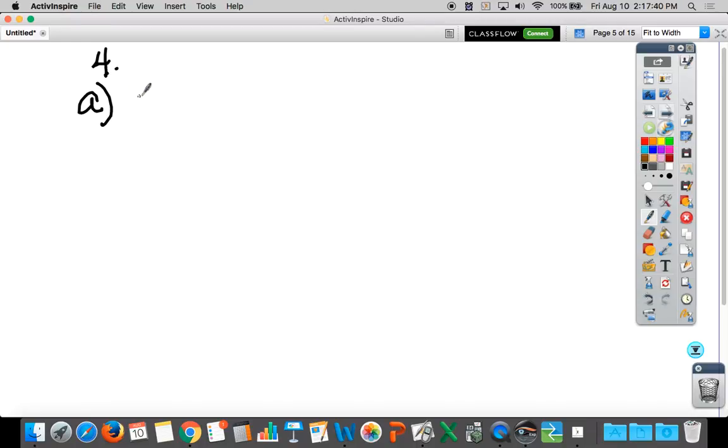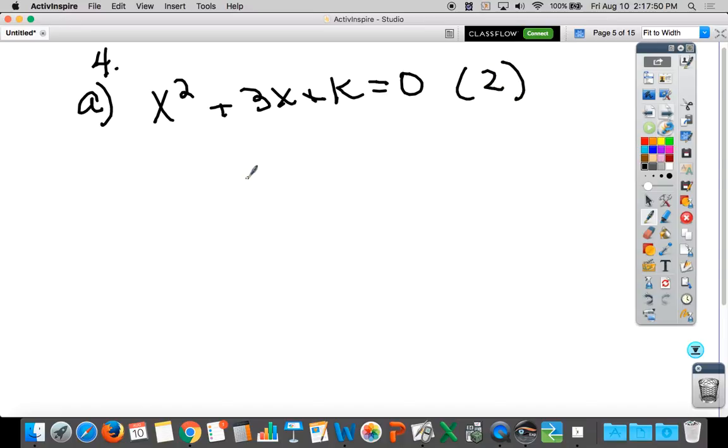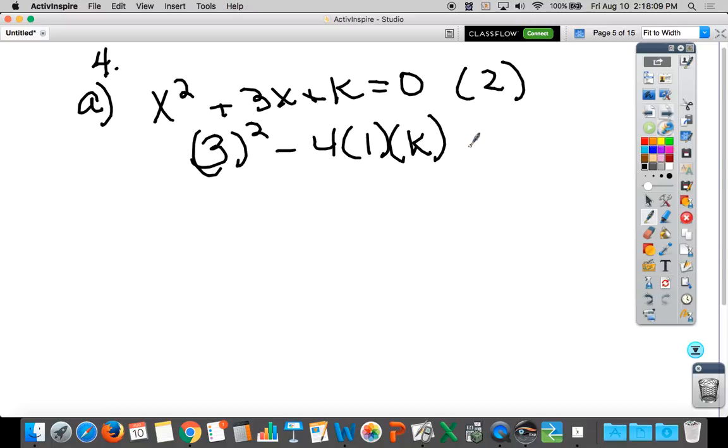K's value. All right, let's look at A. X squared plus 3x plus K equals 0. And out in the bracket, it's telling me 2 roots. Yes? So if it has 2 roots, then the discriminant, b squared minus 4 times a, what is my c? K. My discriminant is what? Greater than 0.